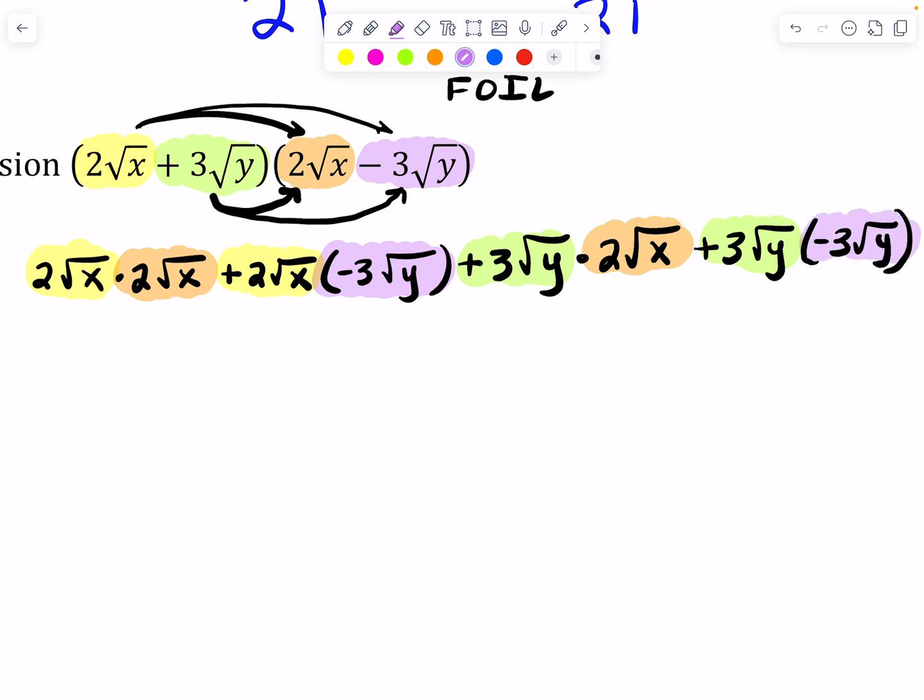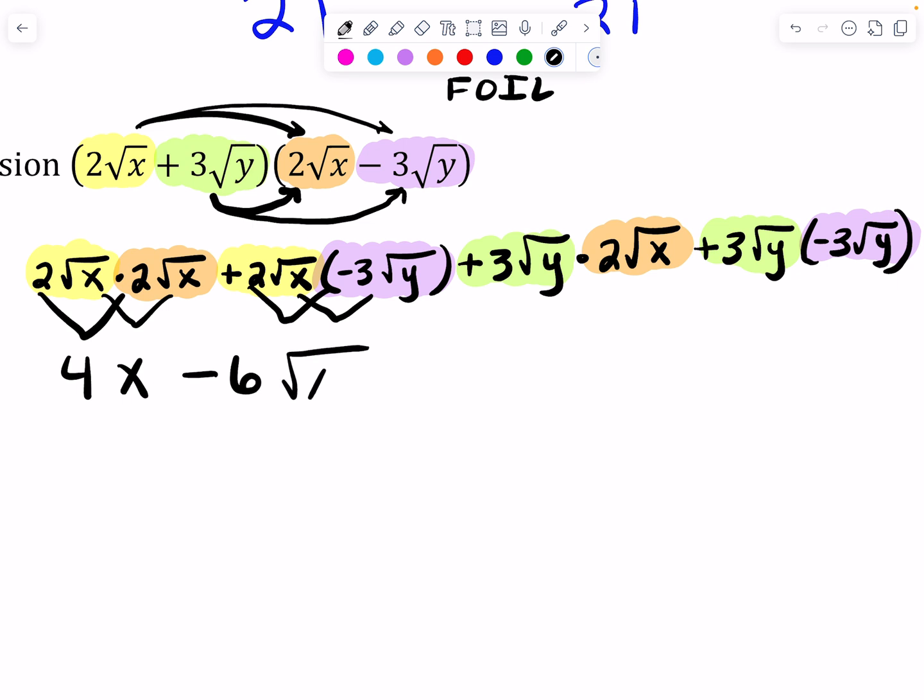Okay, there's a lot going on, so we're going to do each piece individually. So looking at our first multiplication here at the beginning, we have 2 times 2, which gives us 4, and the square root of x times the square root of x is just x. Then we have 2 times negative 3, which is negative 6, and then we have the square root of x times the square root of y, which is the square root of xy.